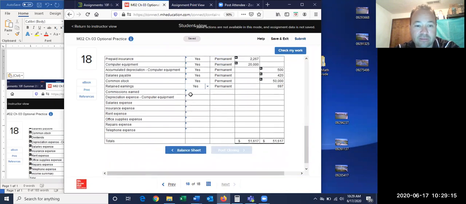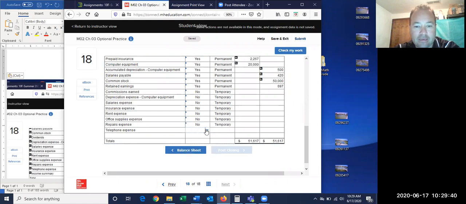Everything else is gone. The only thing I don't see on here is the dividends. I don't know why they didn't include the dividends, but these would be no. Nope. All my revenue and expenses are temporary accounts. They go away at the end of the year. They funnel into retained earnings.